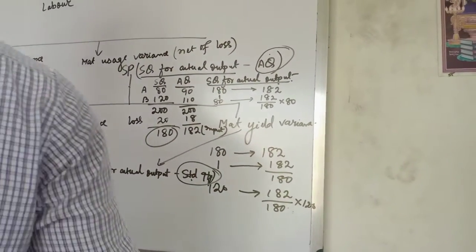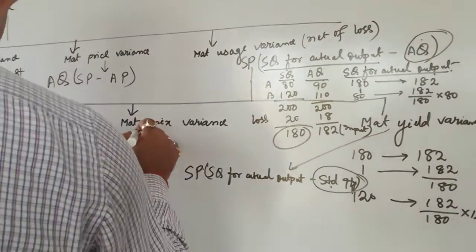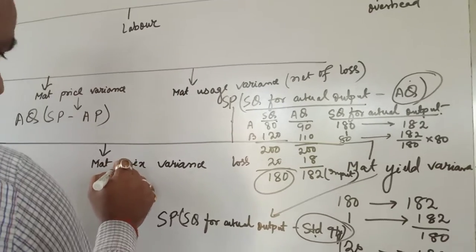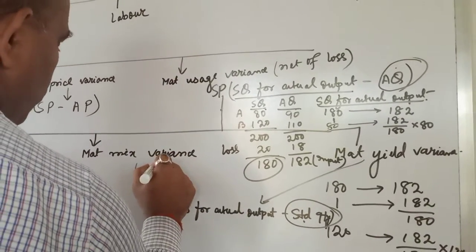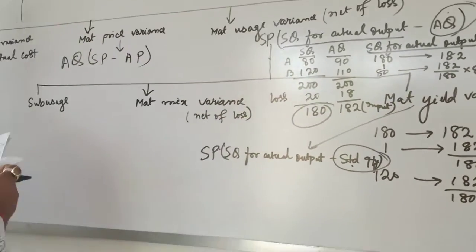Now in case of material mix variance, this is also a net of loss calculation.